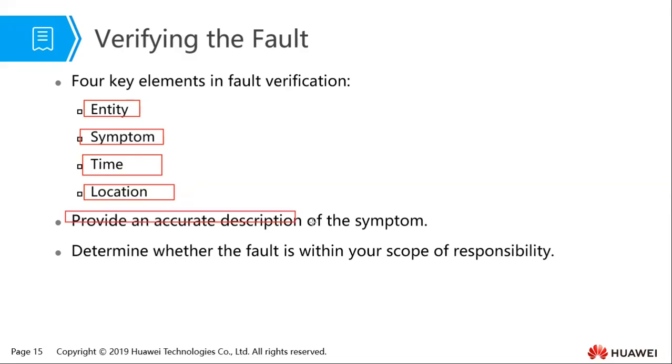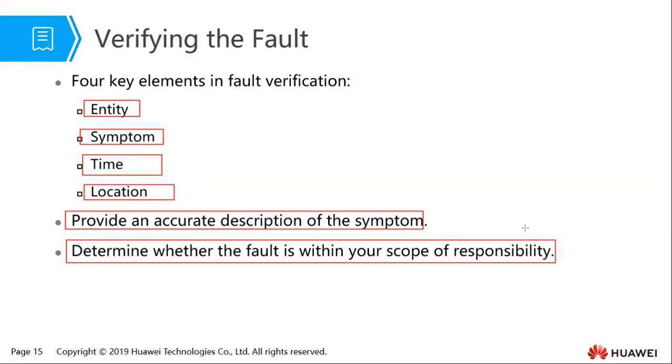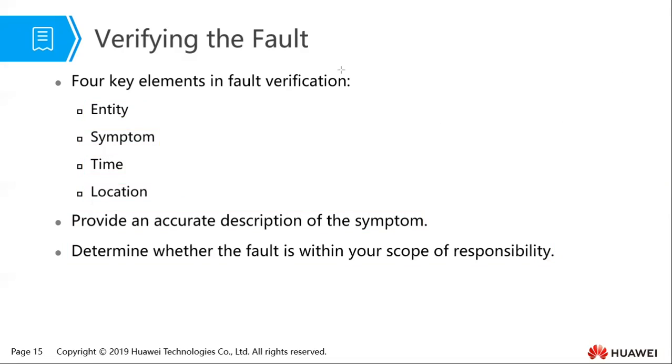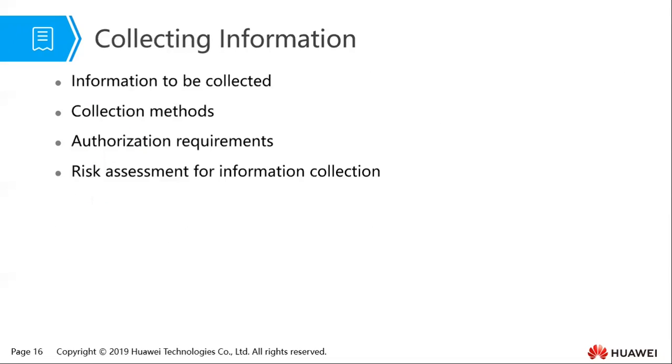You need to provide an accurate description of the symptom and also determine whether the fault is within your scope of responsibility. Do you have the corresponding rights to rectify this particular fault? If not, then you need to hand it over to the other team.